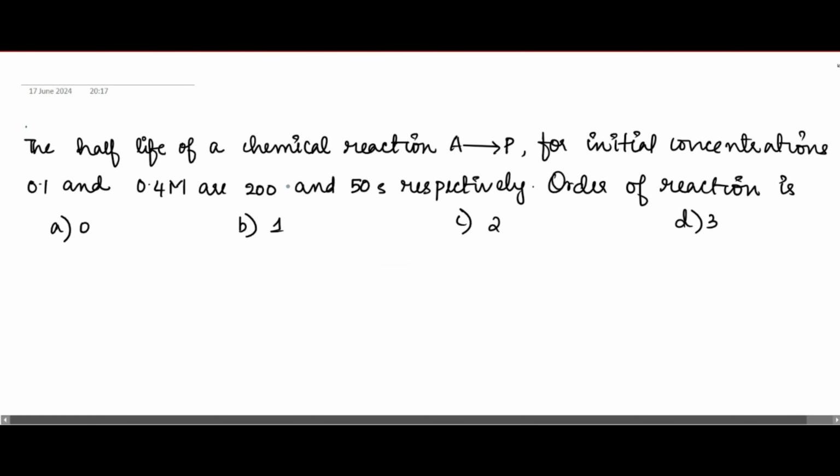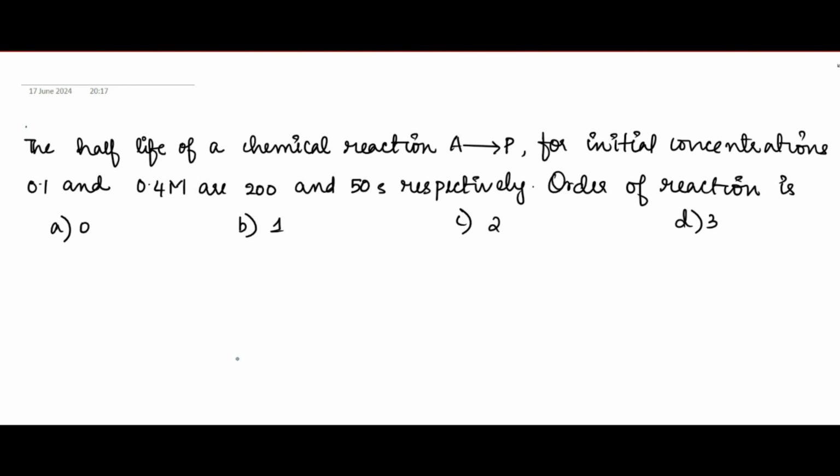The half-life of a chemical reaction A giving P for initial concentrations of 0.1 and 0.4 molar are 200 and 500 seconds respectively. What is the order of the reaction? Which relation will you take?